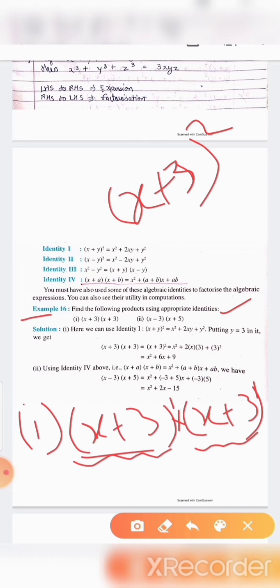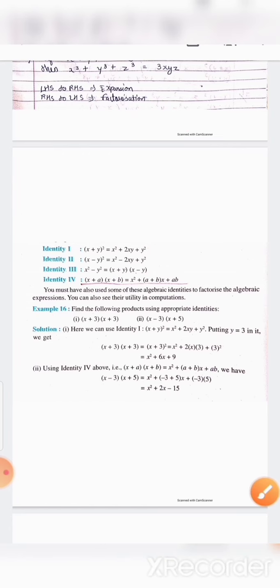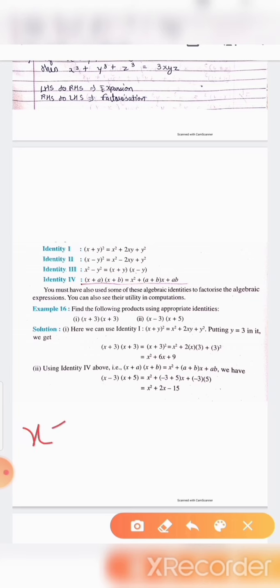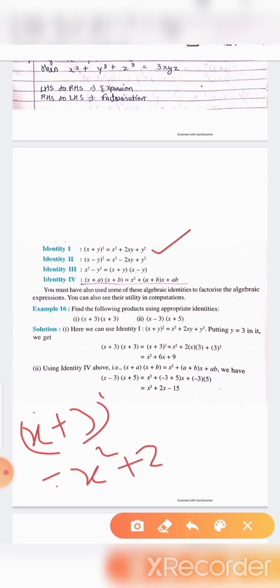It means here we use identity number 1, (x plus y) whole square. Expanding this, (x plus 3) whole square means x square plus 2 into x into 3 plus 3 square.